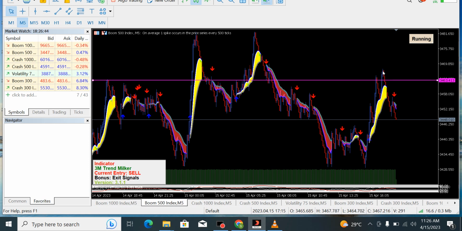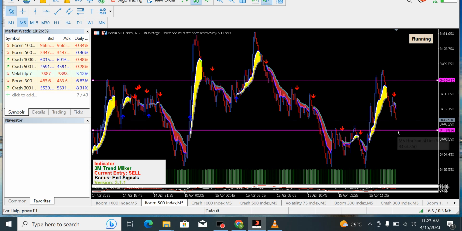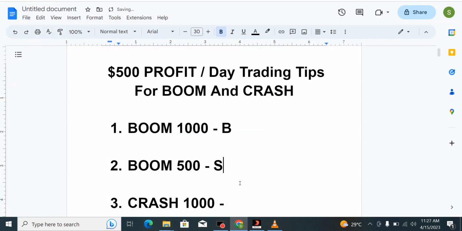So this time around it started buying. It was unable to go beyond this resistance zone, so it came back on sell trend. If it's unable to break out below this support zone, then definitely it should go back buying, but if it breaks out below it, it will keep on selling. So this is selling at the moment, until it is unable to break out below that support zone.